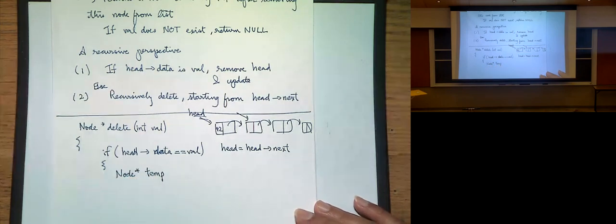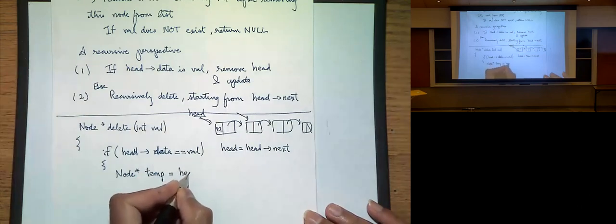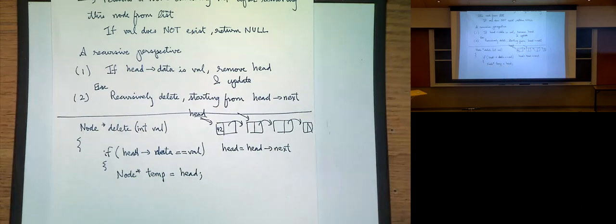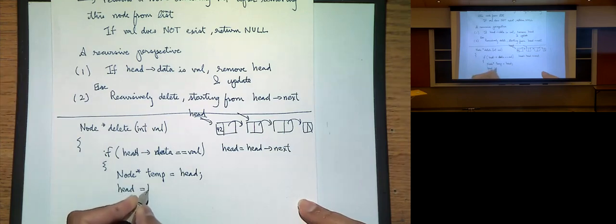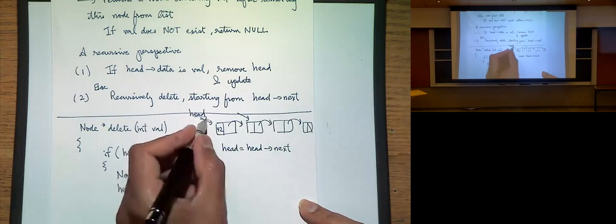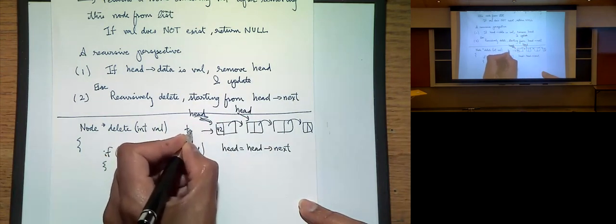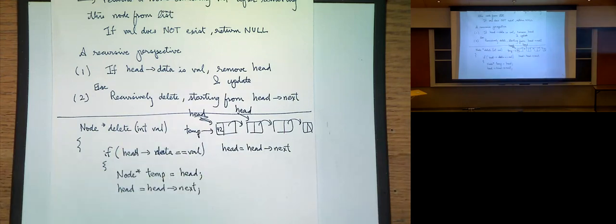Okay, so I have temp. Then we would set temp equal to the current head. Okay, so good. Now you've stored that. Then you reset the head. Okay, good. So you've achieved this, and now your temp is pointing to that. So you can return temp.